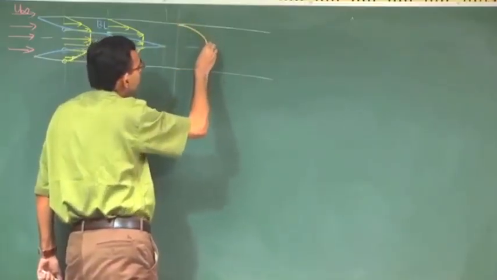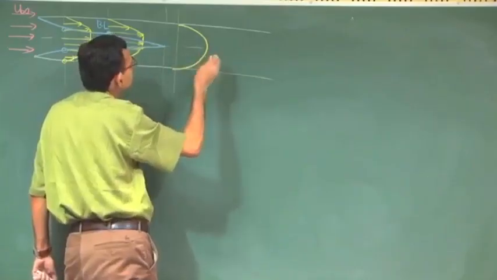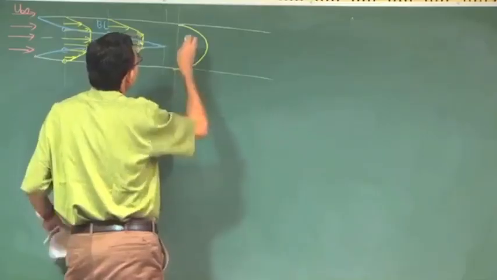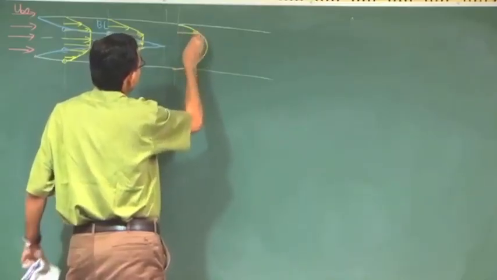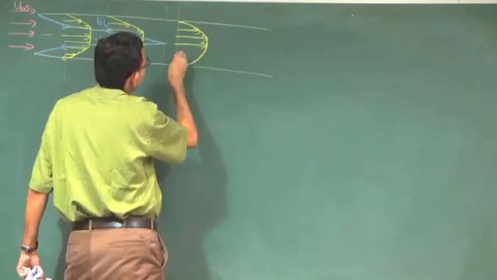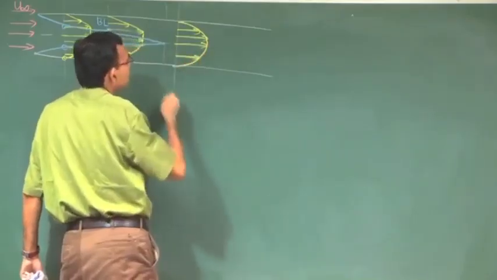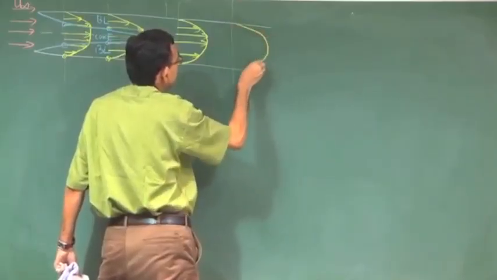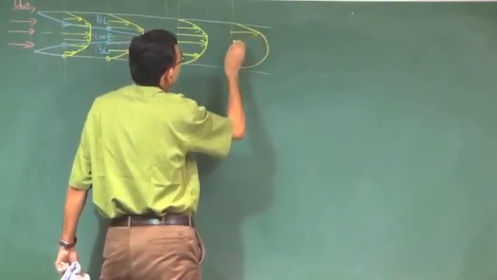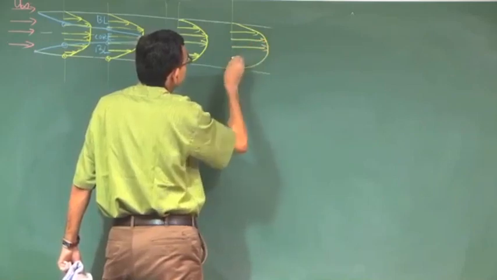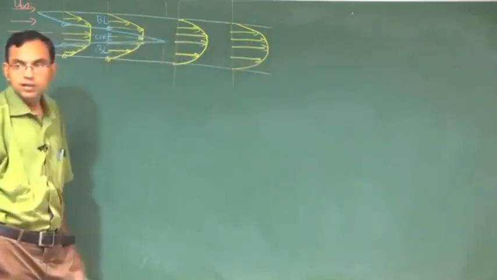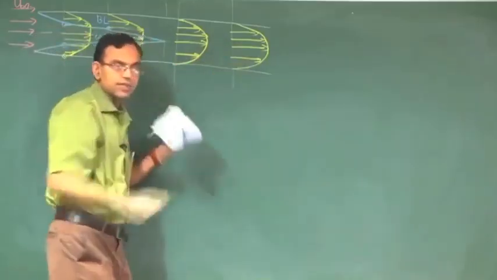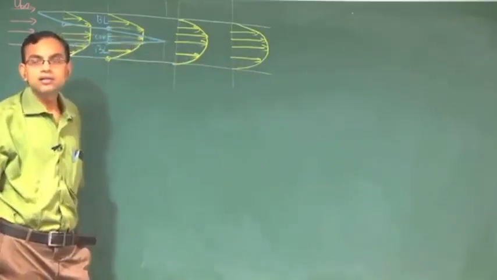So, we say that the flow has become fully developed. And then this velocity profile does not change anymore. Whatever appears to change is because of my poor drawing, but in reality these are the same, they are not changing with time.